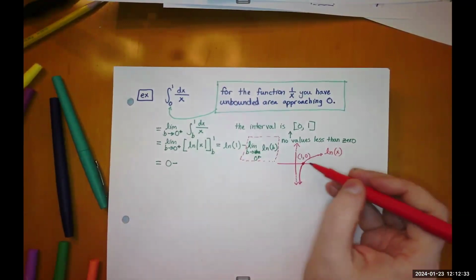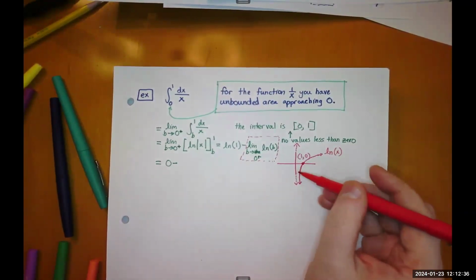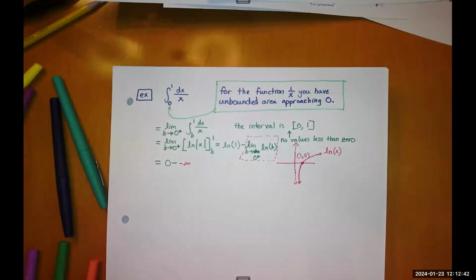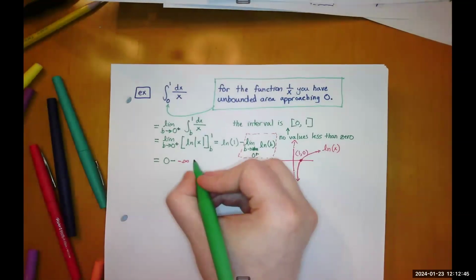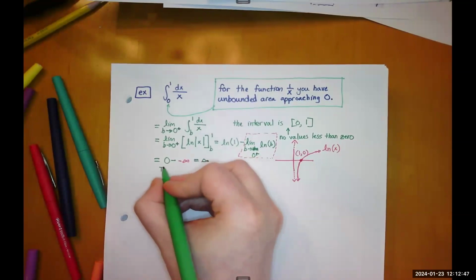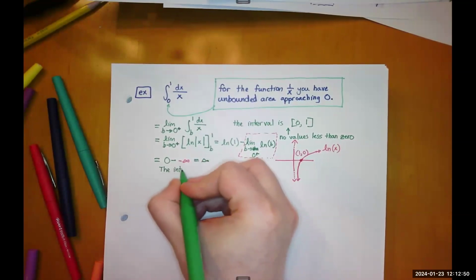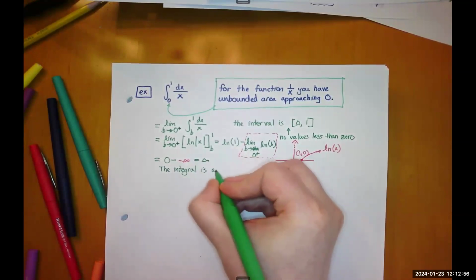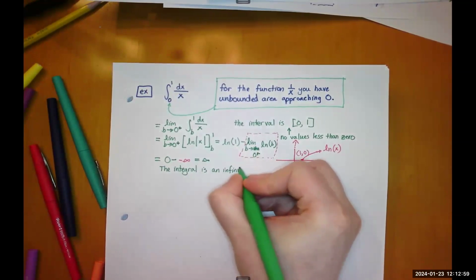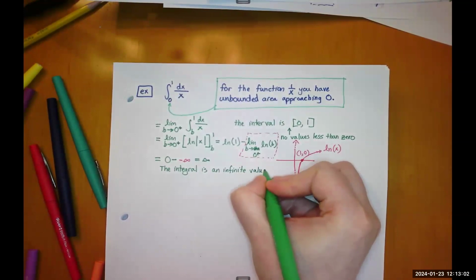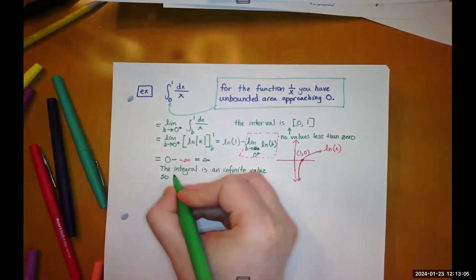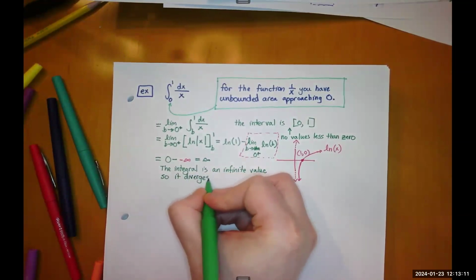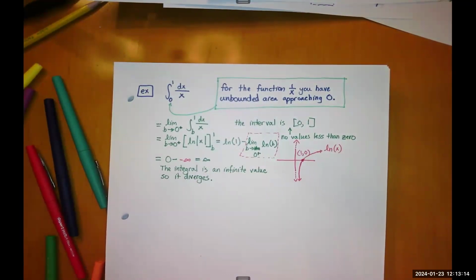Looking at this graph, we can determine as x approaches 0 from the right that this graph is approaching negative infinity. So we have 0 minus negative infinity, which is infinity. This is an infinite value. Our conclusion then is that this integral diverges.